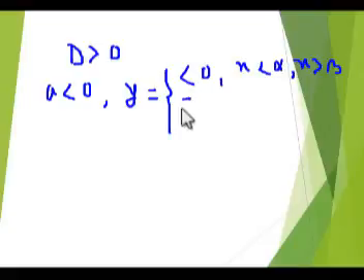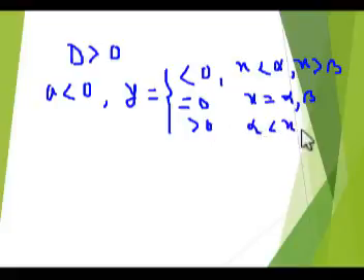It is equal to 0 if x is equal to its roots alpha and beta, and greater than 0 if x lies between the roots.